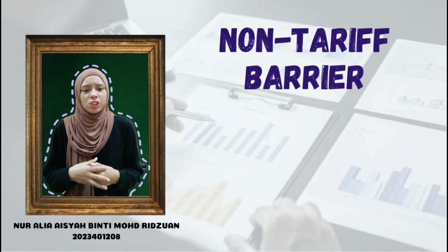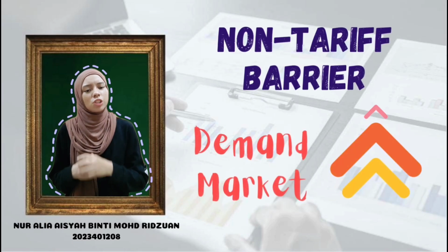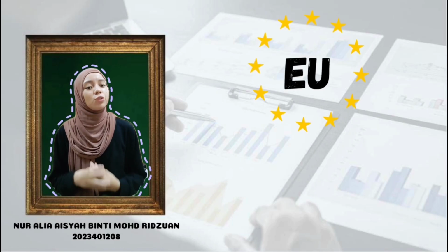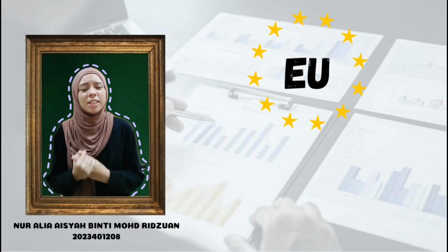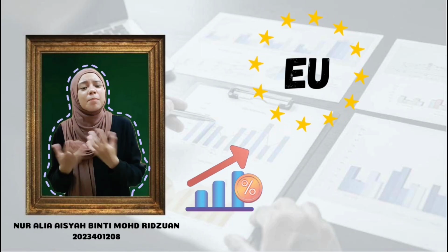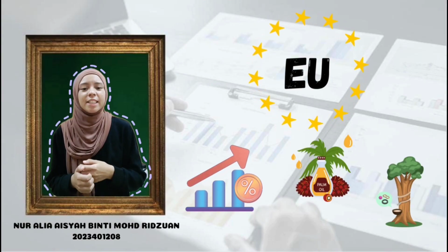For the next challenge, non-tariff barriers that have evolved have also created access challenges to high-demand markets. For example, the European Union now requires palm oil exports to meet tough sustainability standards. These rules have increased costs for businesses and make it harder for industries like palm oil and rubber to sell in key markets.